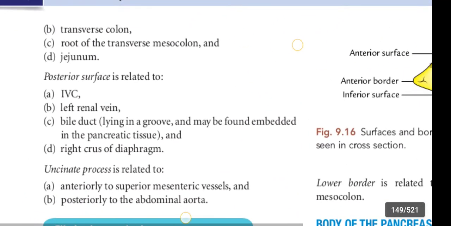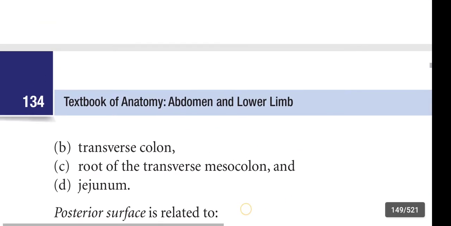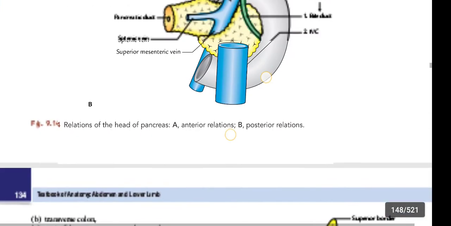Next, the posterior surface is related to the inferior vena cava, left renal vein, bile duct, and right crus of diaphragm. If we see the diagram, it is clear to you.